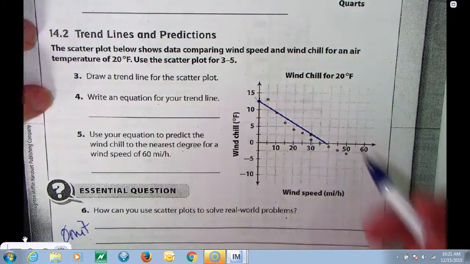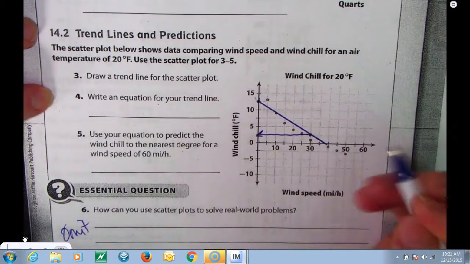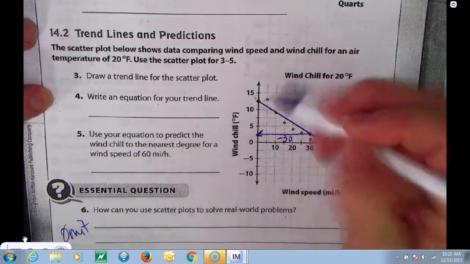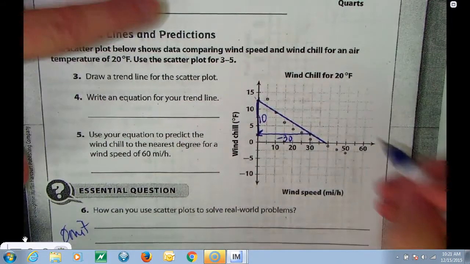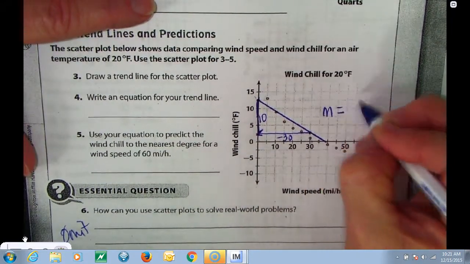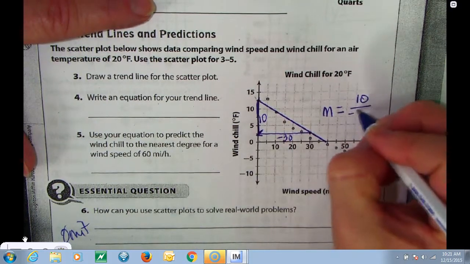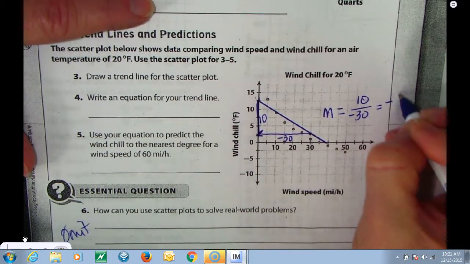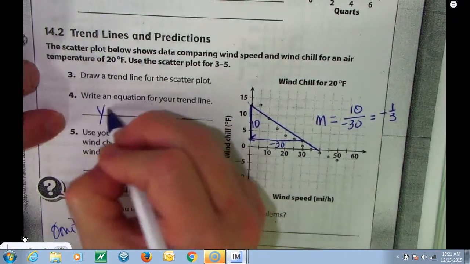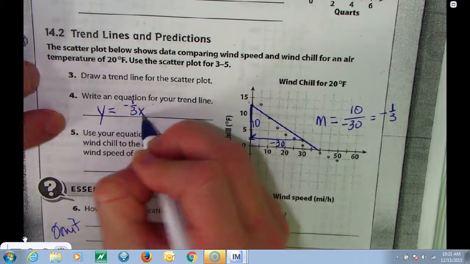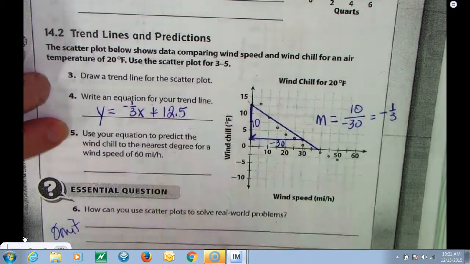So I'm going to go over how many? Negative 30. I'm going up. So my slope is 10 over negative 30, which is negative 1/3. Good job. So y equals negative 1/3 x plus 12.5.